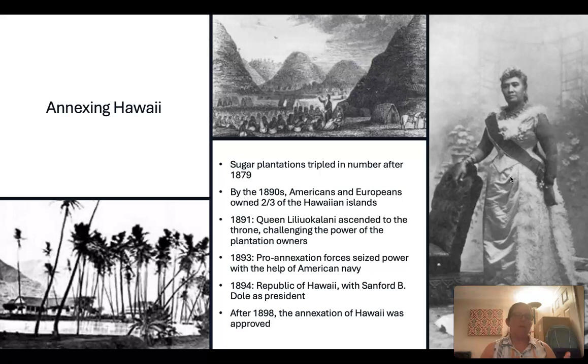This new Republic of Hawaii is immediately recognized by the United States government. And Queen Liliuokalani ends up getting arrested. She is essentially deposed from her rule. And after 1898, the annexation of Hawaii as an official territory of the United States gets approved.